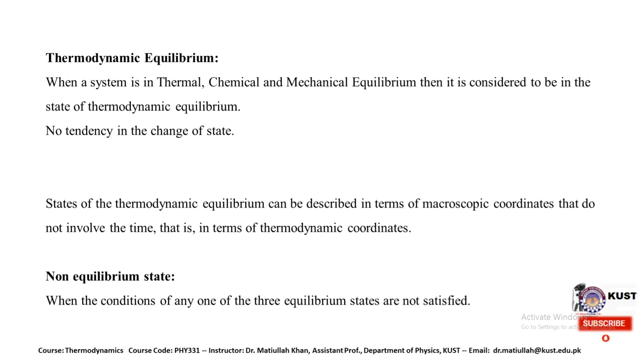Of course we can measure, but that is not a case in which we can describe the property of the system, because it might not be correct. Normally the macroscopic properties are measured when the system is in thermodynamic equilibrium. In the non-equilibrium case, the properties are measurable, but not authentic.